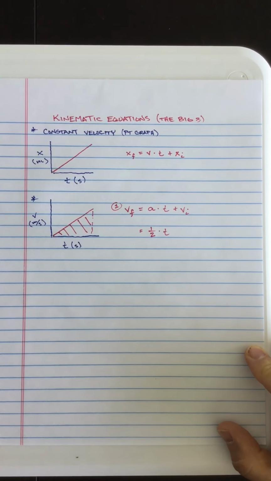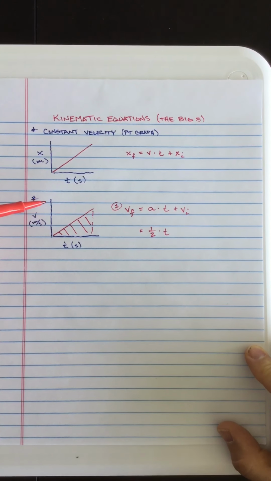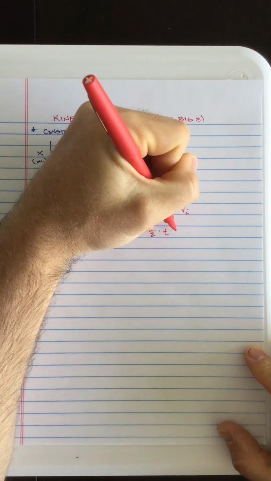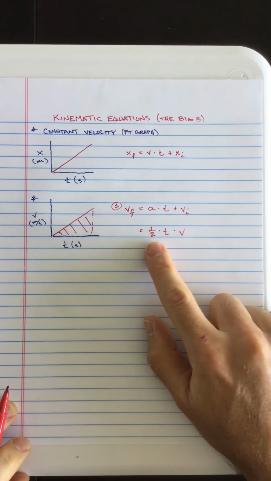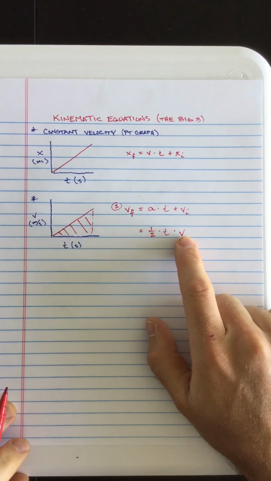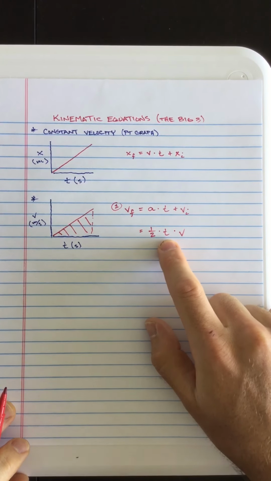And the height is basically a change in velocity. Or you could even just say a velocity right now, if you just want to shortcut it. The question then is, what is this equal to? What is a velocity multiplied by a time? Forget the 1/2.